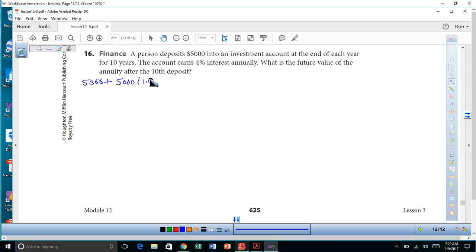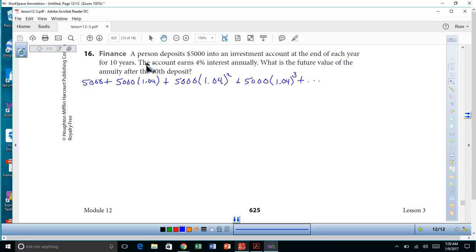That's 1.04. The third year it's going to do the same thing, and it's going to be squared plus 5,000. 1.04 to the third, plus, and so on.